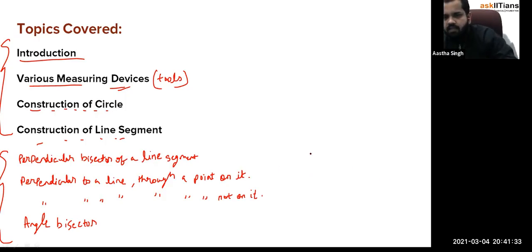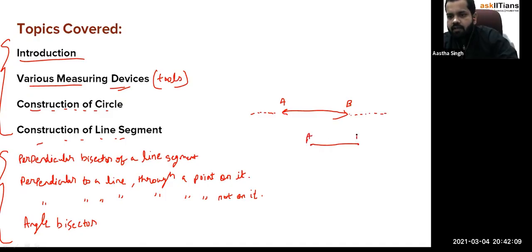So guys, let me tell you what perpendicular bisector means. Suppose, let me first tell you the difference between a line and a line segment. A line is basically this, and we generally denote it by arrows. So AB is a line, which means a line can be extended in either direction, at either of its ends. But a line segment is fixed.